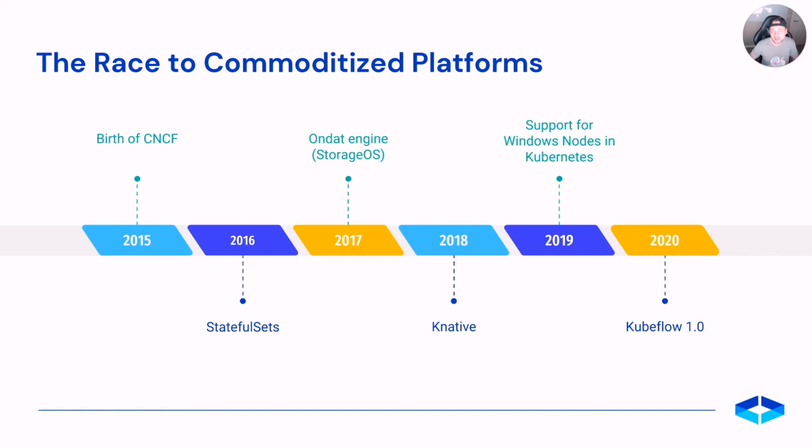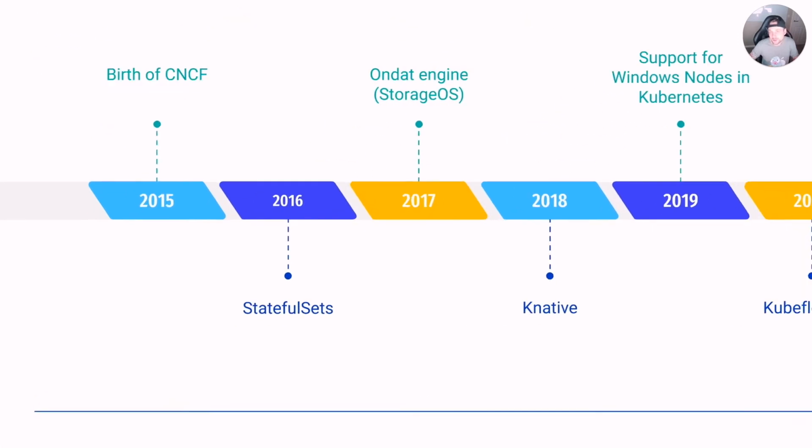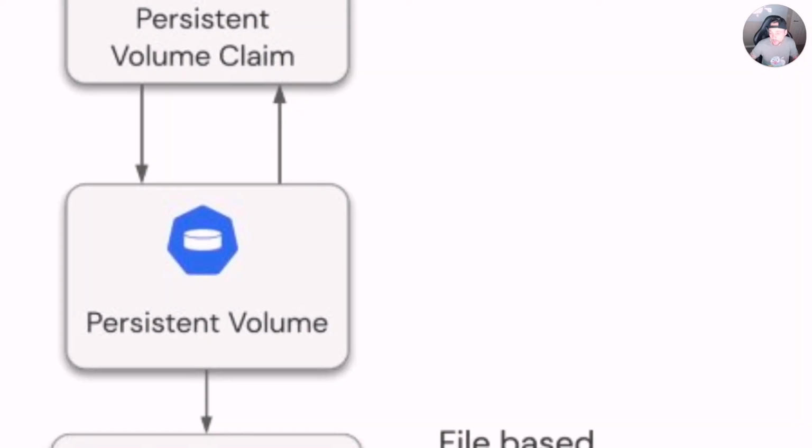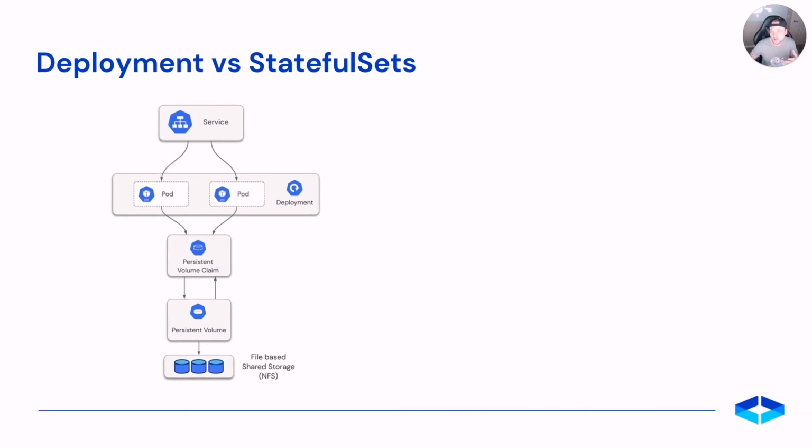To understand StatefulSets, we first need to understand how Deployments work, which is the object that is used for more traditional stateless applications running in Kubernetes. In the context of today, what is important to understand about Deployments is that they can be considered as cattle.